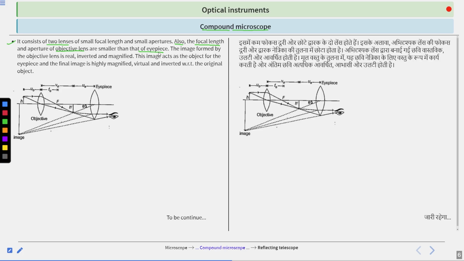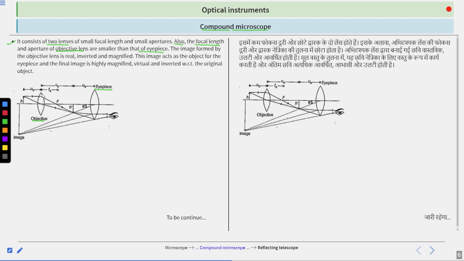Means what? It means a compound microscope consists of two lenses. We know the first lens is the objective and the second lens is the eyepiece. Clear? And both lenses have a small focal length. And what is the difference between the focal lengths? Listen carefully. The focal length and aperture of the objective lens are smaller than those of the eyepiece.